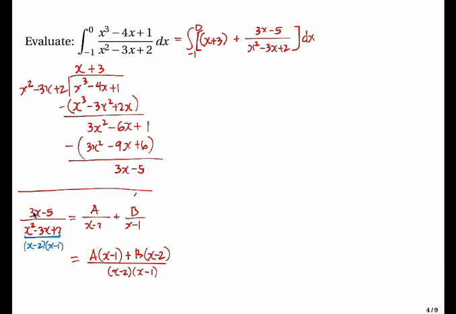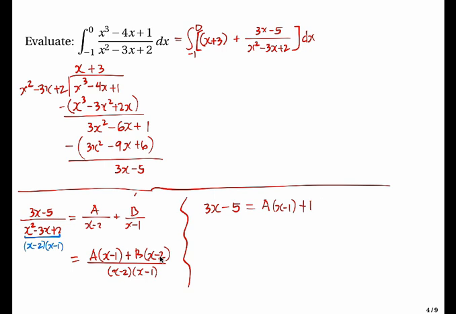And then again, we compare 3x minus 5 with a times x minus 1 plus b times x minus 2.